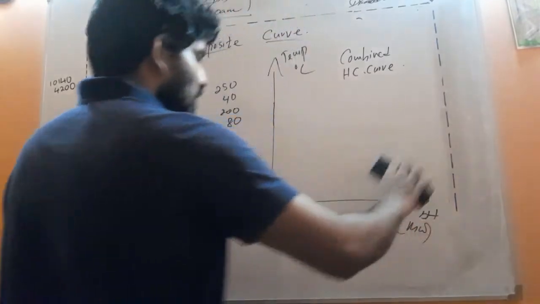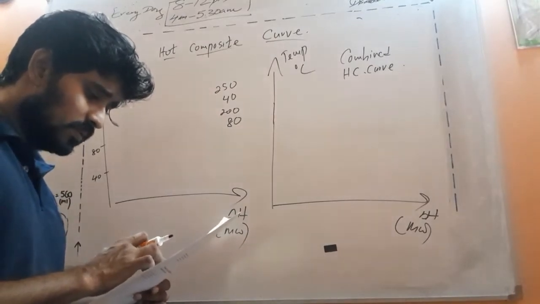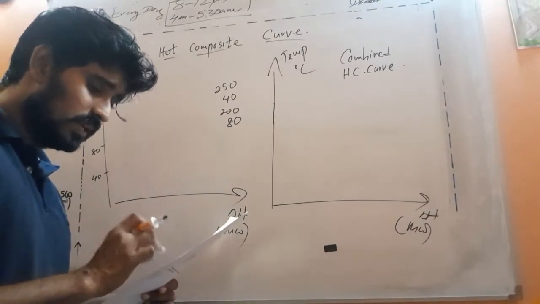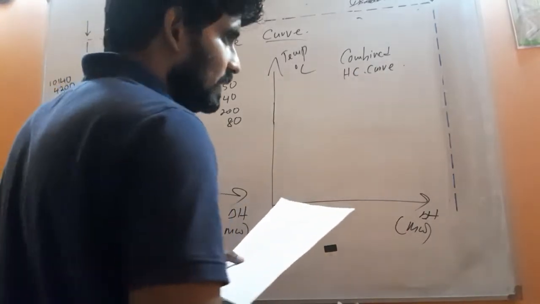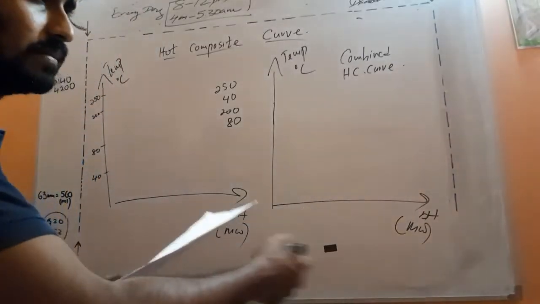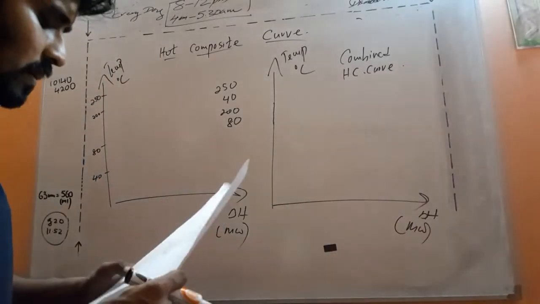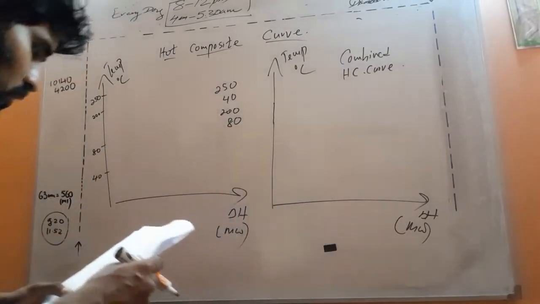So for the process of supply 250 to target 40, the delta H value is given as 31.5, but it is negative 31.5, because we are going to consider target minus supply in that scenario. So it is negative.